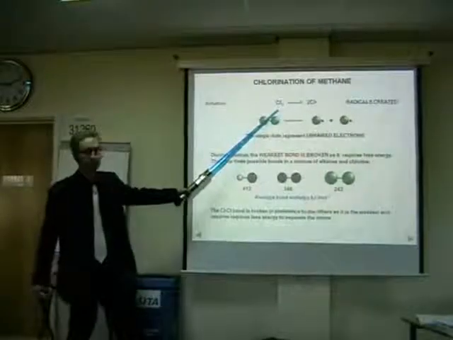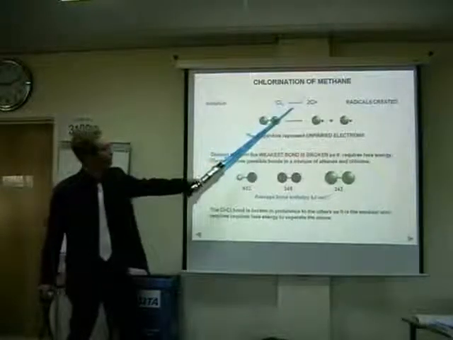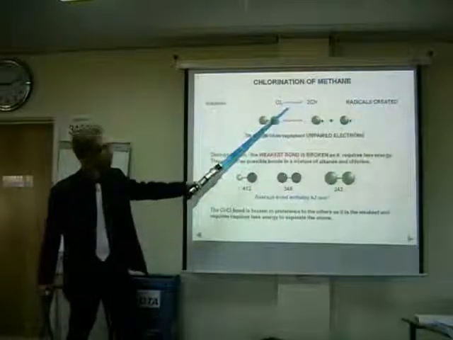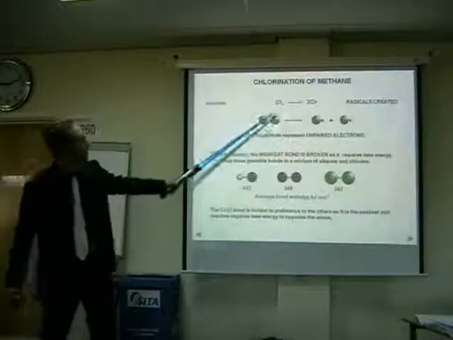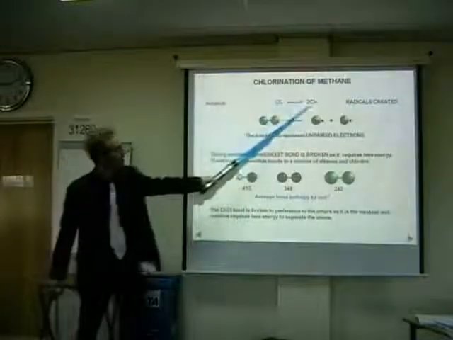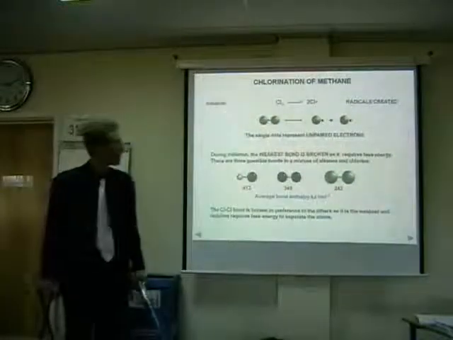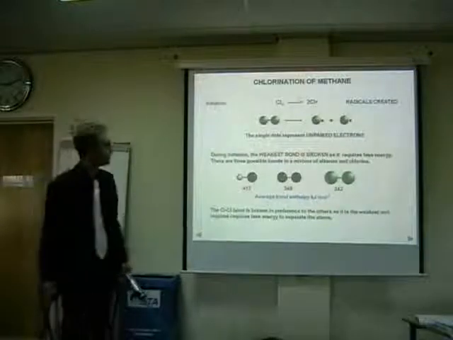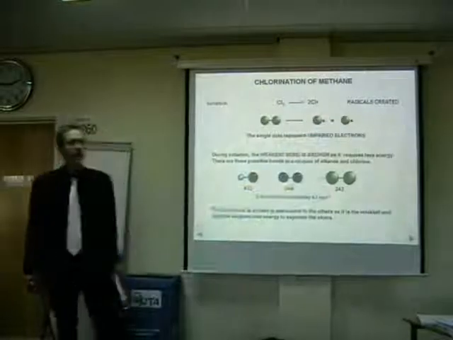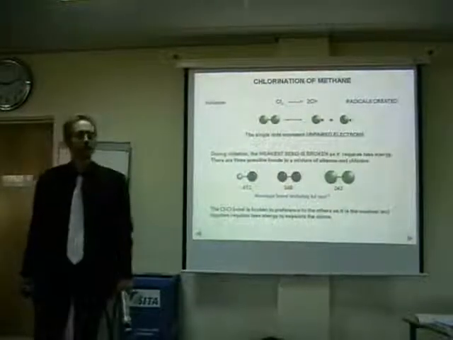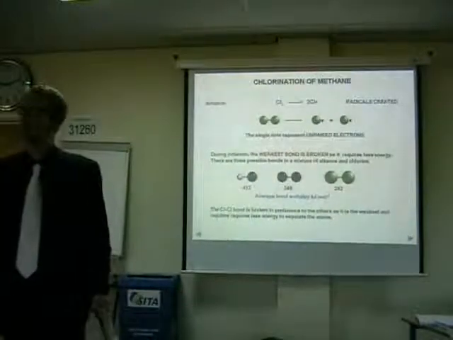Chlorine, with a bit of UV light. Just write UV light in your notes next to it. You've got space to do this. UV light with chlorine creates two chlorine radicals. Here are my chlorine radicals. You happy with that? And I want you to label this as initiation.